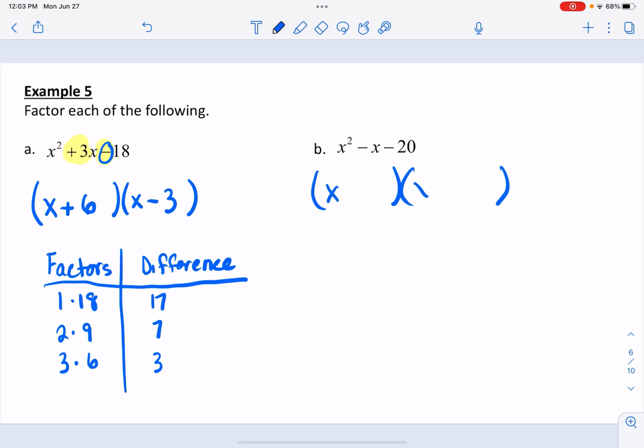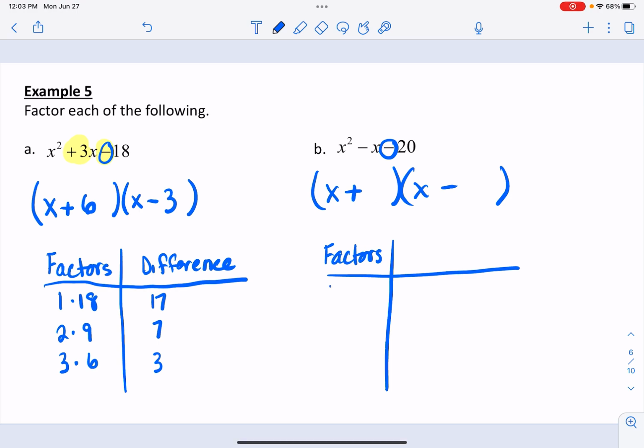Okay, now this one, again, I need a negative here, so one of them has to be positive, one of them has to be negative. So we look at our factors of 20. 1 times 20, I look at their difference. Their difference is 19. 2 times 10, difference is 8.